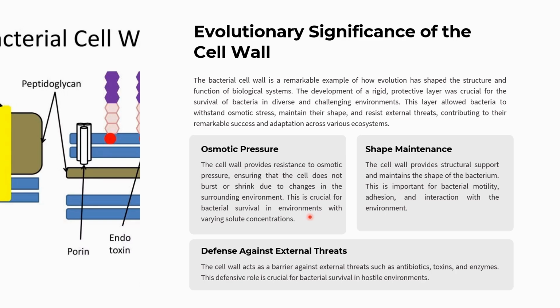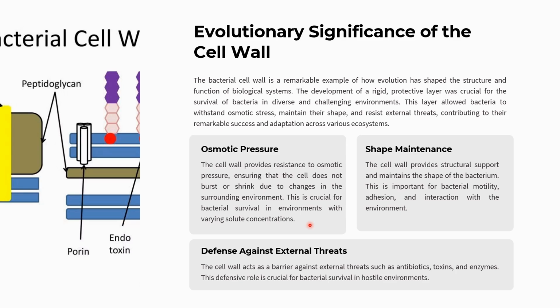Inside the bacterial cell, the cytoplasm is typically hyperosmotic, meaning it has a higher solute concentration compared to the external environment. This osmotic difference drives water into the cell, causing it to swell. Without a protective mechanism, this influx of water would lead to excessive swelling and ultimately the bursting of the cell.